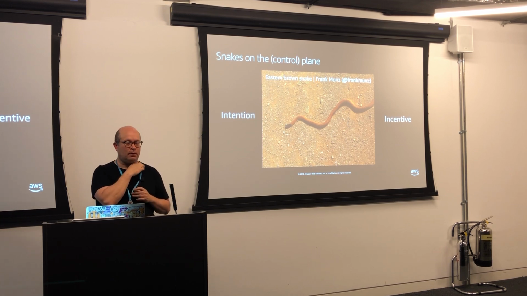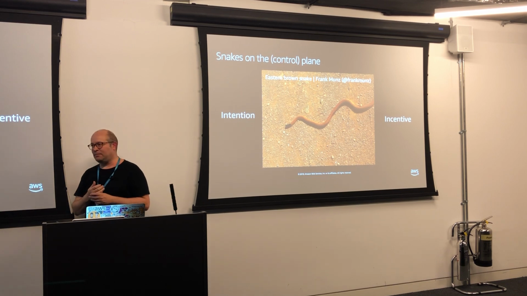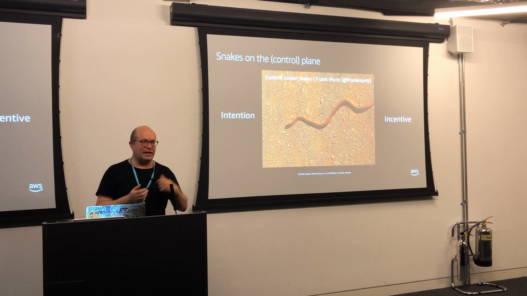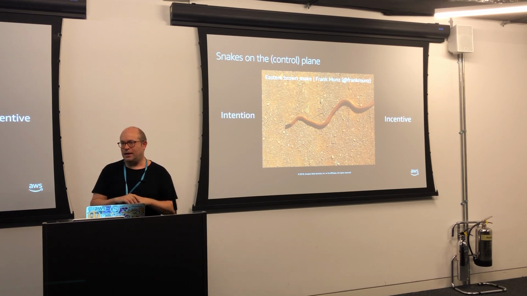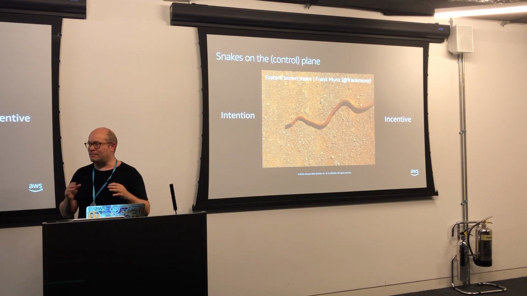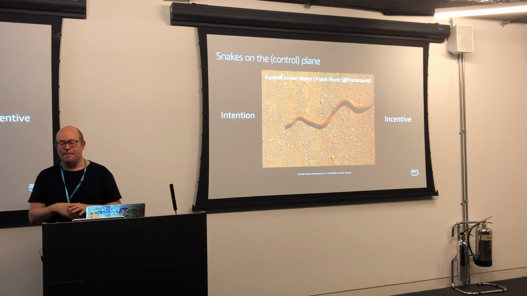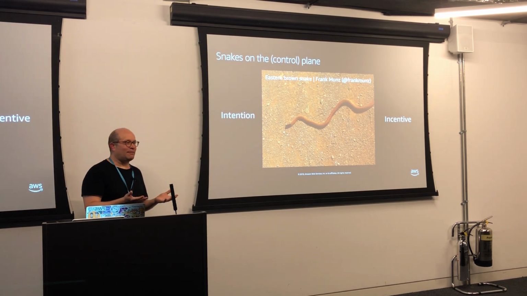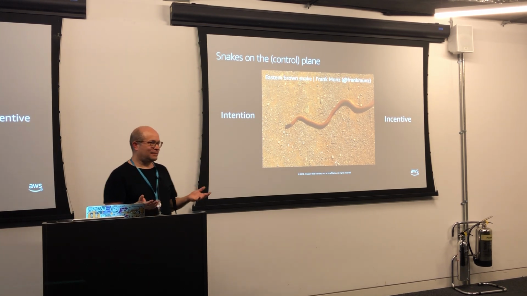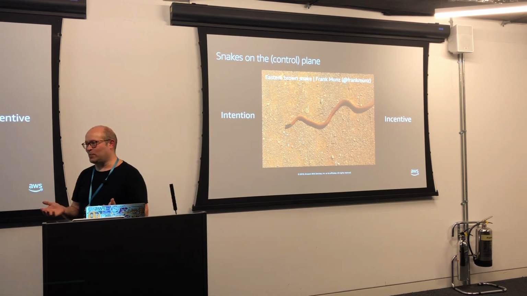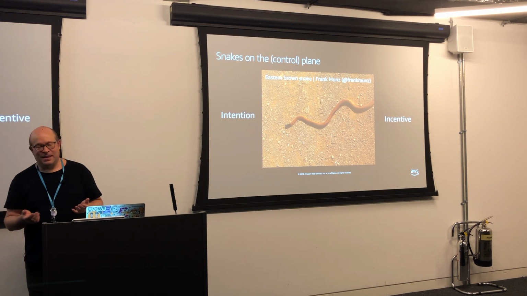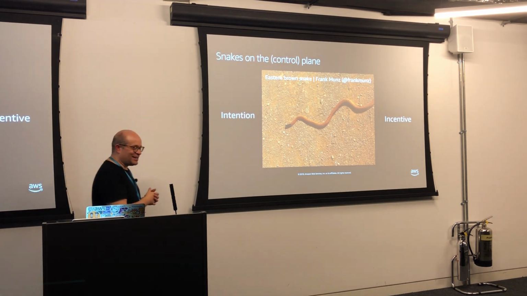They were killing a lot of people, so they introduced a bounty: we'll give you some money if you bring in a dead cobra. In the short term, they did a good job. The number of cobras decreased, and they had less of a problem. But then people got wise to this and started breeding cobras as a revenue stream, and they realised that this was not a bad idea.